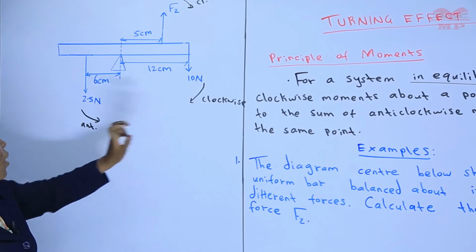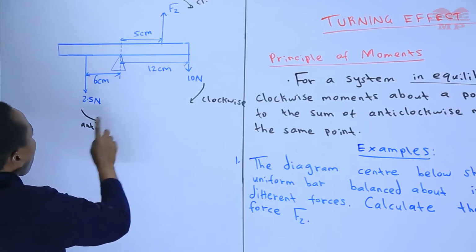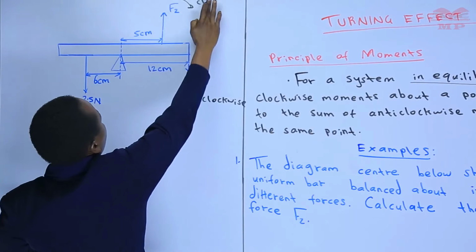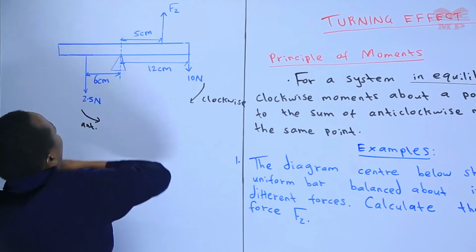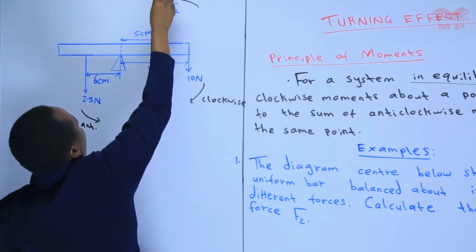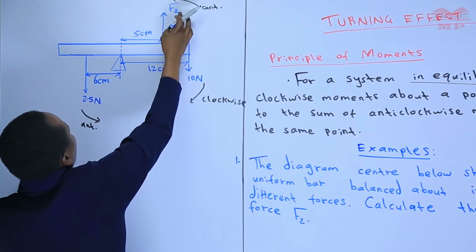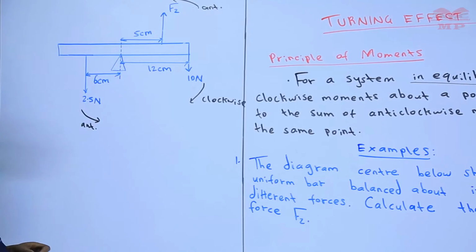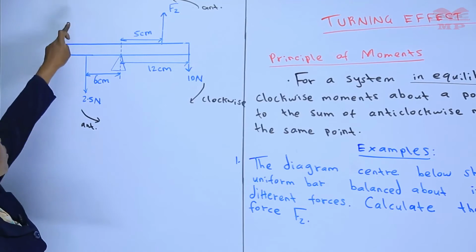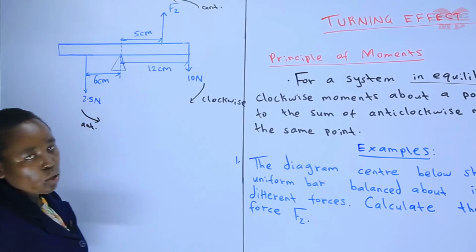So we have clockwise and clockwise. This alone will bring about anticlockwise, because if it is alone, it's going to turn it in this direction. So it is anticlockwise. If we add any here, then on this side we have anticlockwise.